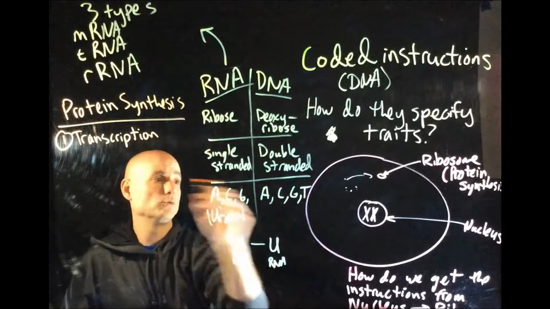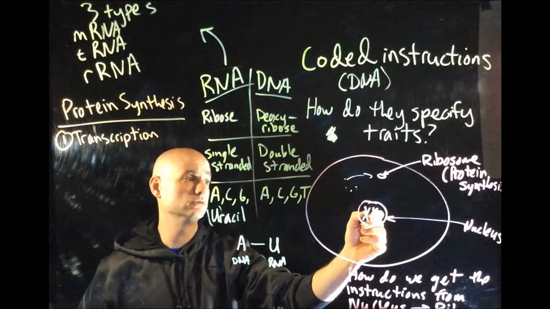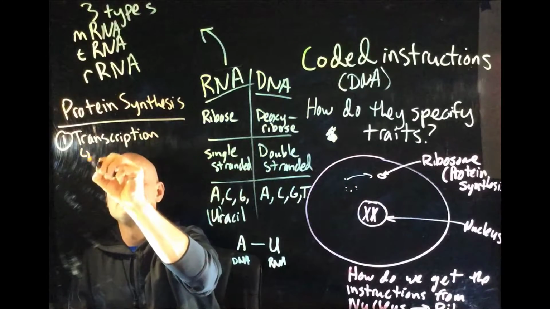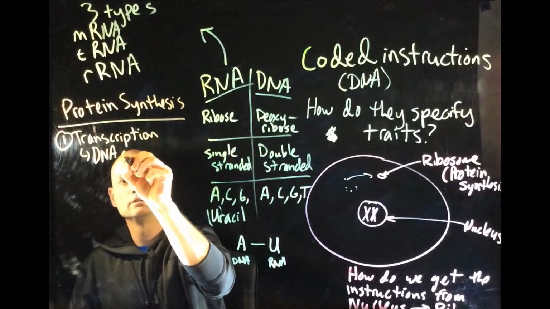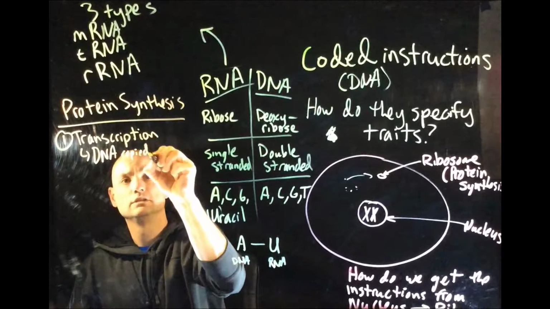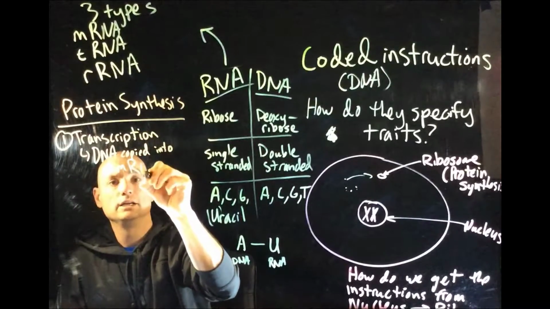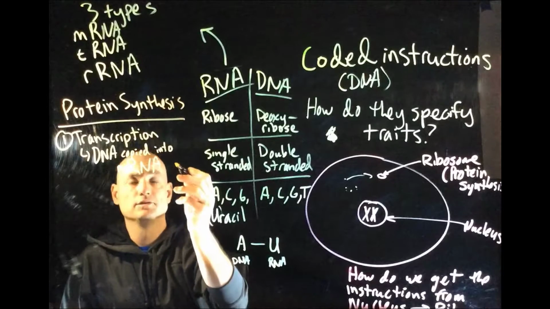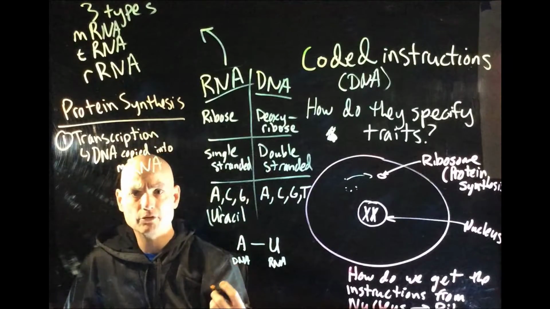Remember, we had to take the message from the nucleus to the ribosome without having the DNA leave the nucleus. So this is going to have DNA be copied into mRNA, messenger RNA.